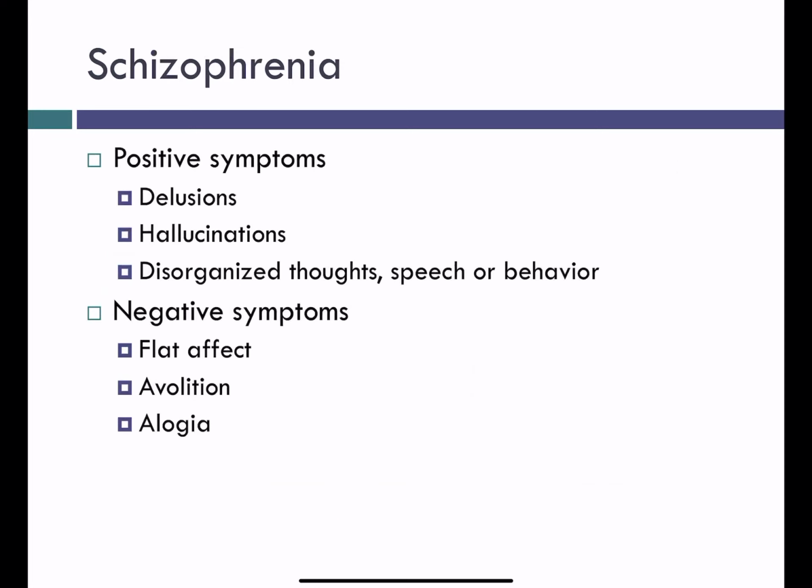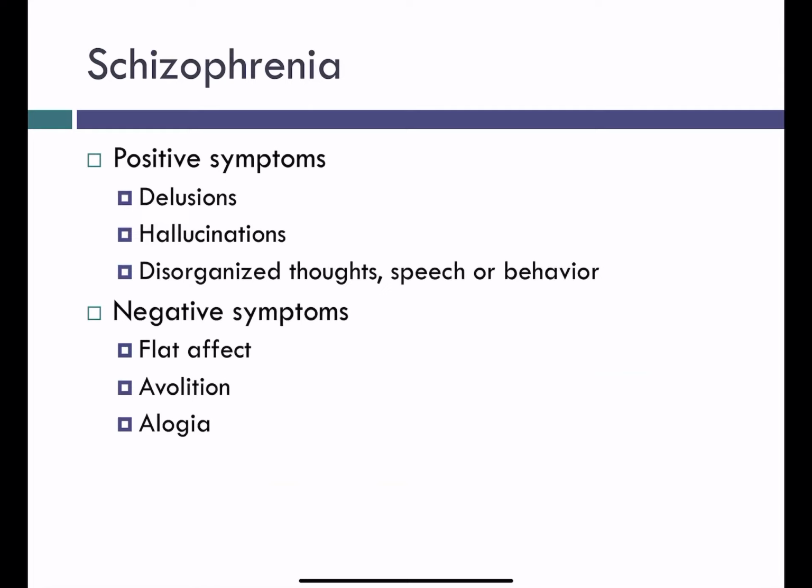Okay, so there are two general categories of symptoms for schizophrenia. The positive symptoms are normally what we think of. These are excesses or distortions. This can be delusions, so false beliefs. Often these false beliefs have to do with persecution or grandeur. So people think they're God, or they think the mafia is out to get them, and they continue to believe these things despite contradictory evidence.